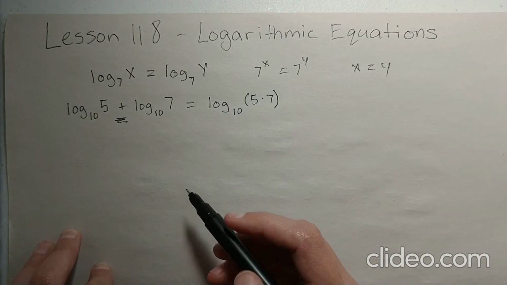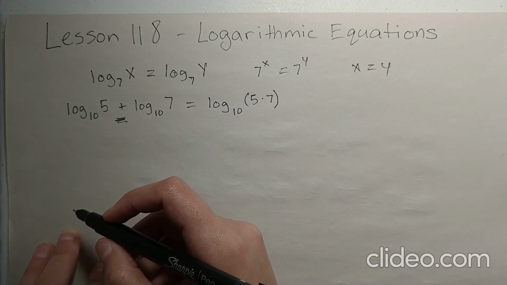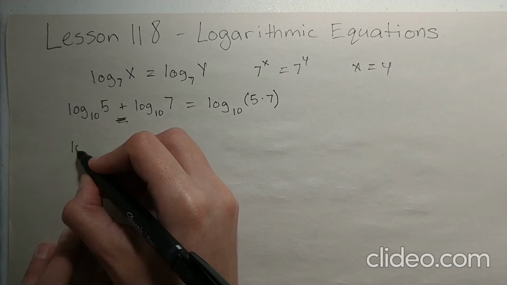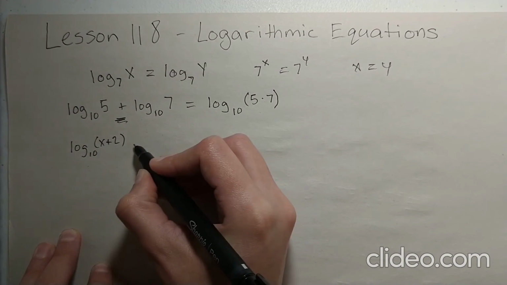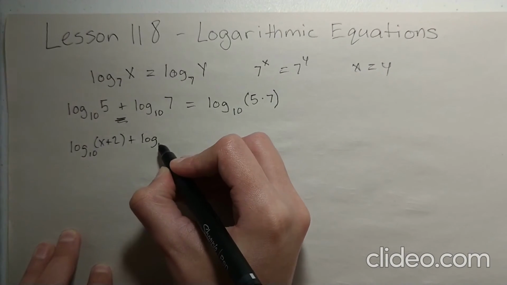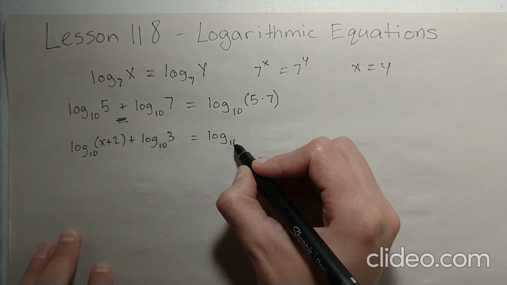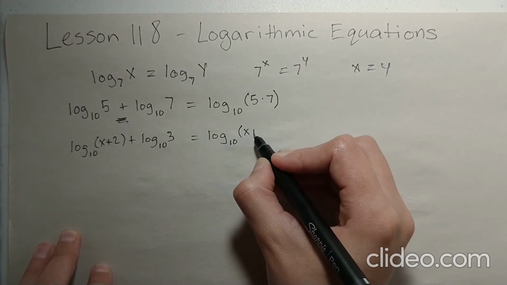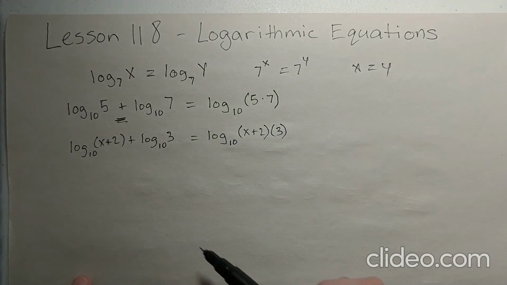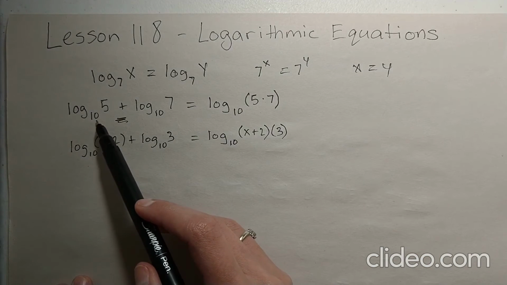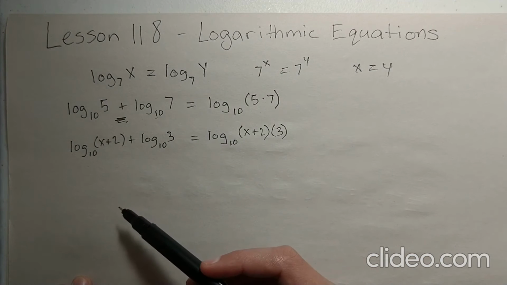So we can solve things a little more complicated as well, like this. It's important to note that this only works if you have the same base in the different logarithms.